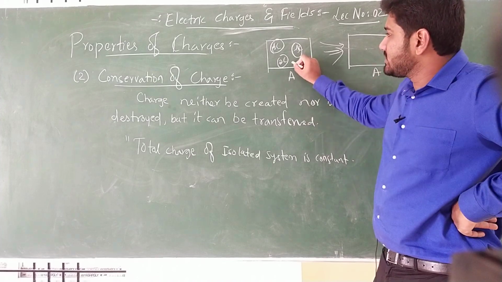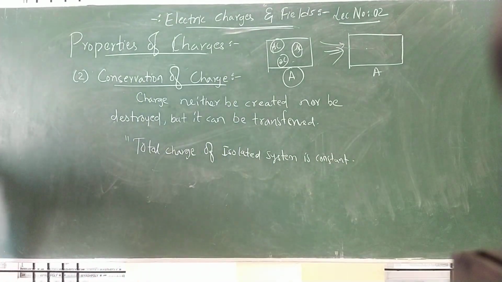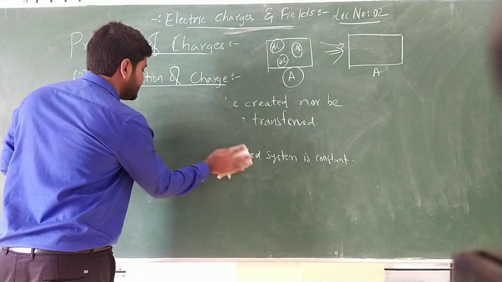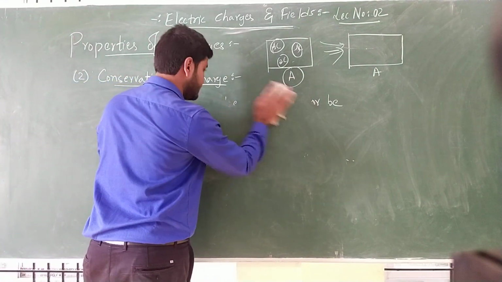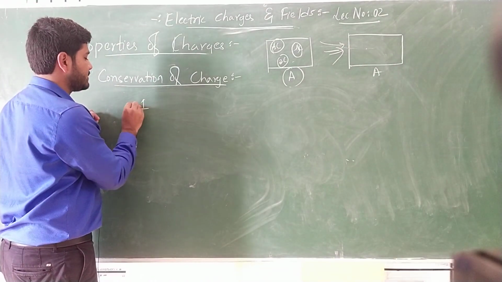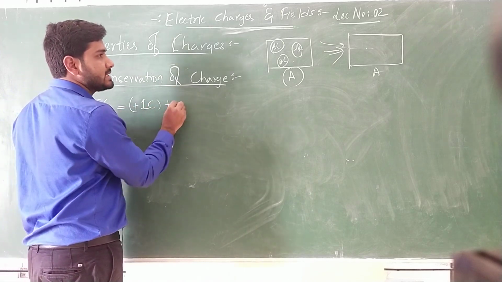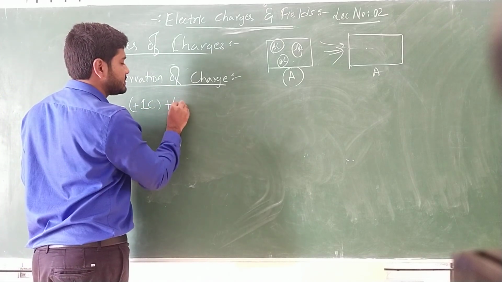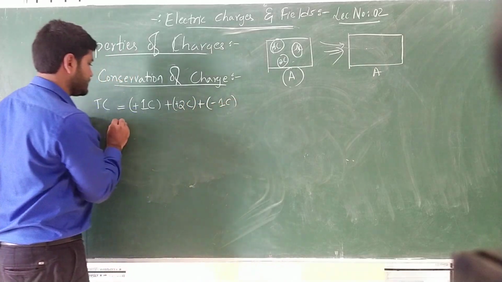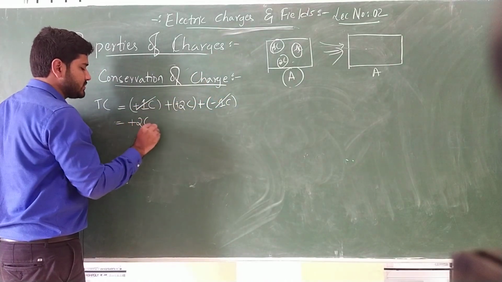So what is the total charge before doing anything, before shaking it? Let's calculate. Plus 1 coulomb, plus 2 coulomb, plus minus 1 coulomb. Plus 1 and minus 1 cancel, so the total charge is plus 2 coulomb.